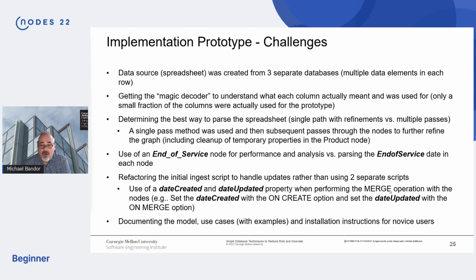So when we did a merge operation, on create, it would set a date created with the current date. So I know this node and this data was created on this date. If I had seen this already, on the match side, we set a date updated. So I could start seeing, okay, this has been updated.